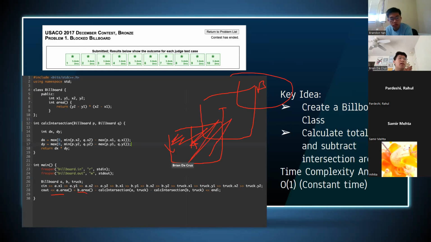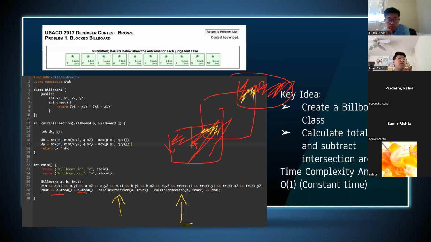But we want the area not covered by the truck, so we have to subtract. Let me change my color quick. I have to subtract this intersection, and I have to subtract this intersection. That'll give us the total area that's not covered by the truck, right? So basically, I have to subtract the intersection between A and the truck and between B and the truck, and that'll give me my answer.